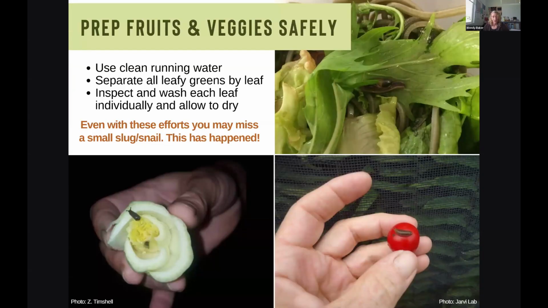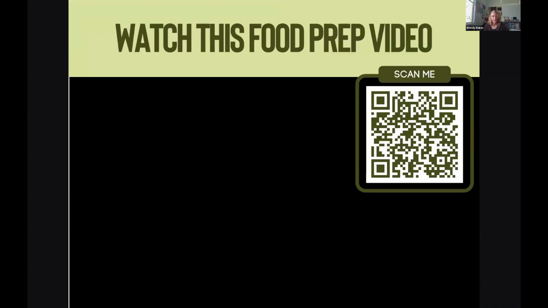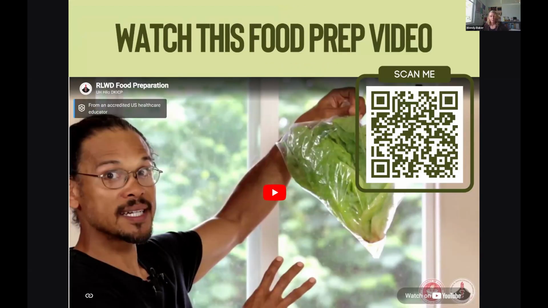This is a little bit more about the washing, which is how I started the conversation just because of my experience today. So just making sure that we're really being aware, washing each leaf, drying each leaf, and using all of our senses and focus when we are preparing food, and just making sure that we're not ingesting or missing any of them. There's a food prep video, so if you guys would like to scan that.